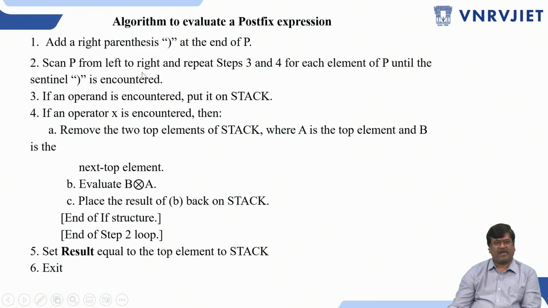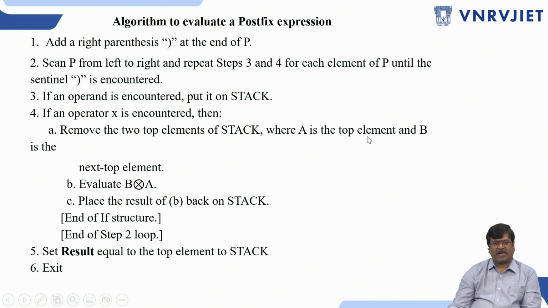So quickly I can revise. First you can add a close bracket to the given postfix expression. Now you can evaluate from left to right and repeat this process. Whenever you find an operand, simply keep it in the stack, and whenever you identify an operator, remove the top two elements from the stack.